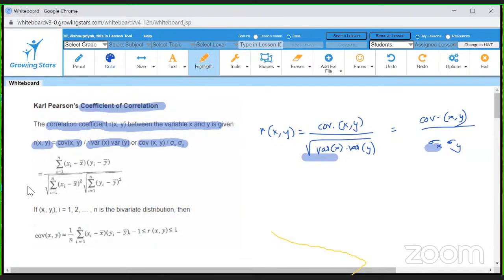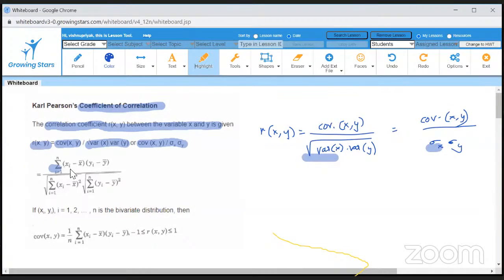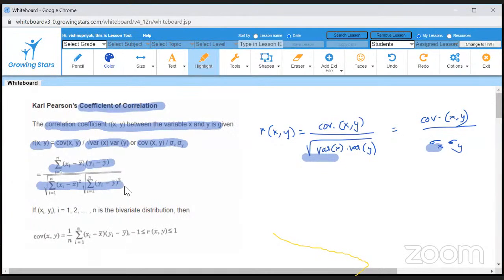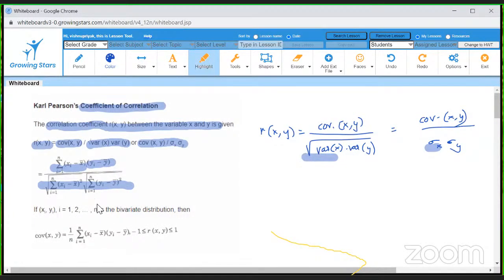The other formula is sigma of the difference between xi and x bar, the mean, into the difference between yi and y bar, the mean, by square root of sigma xi minus x bar whole square into square root of sigma yi minus y bar whole square.